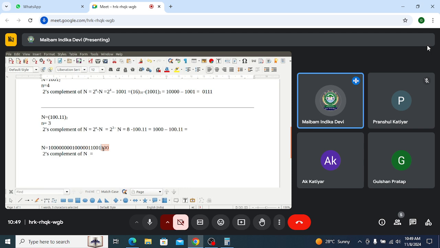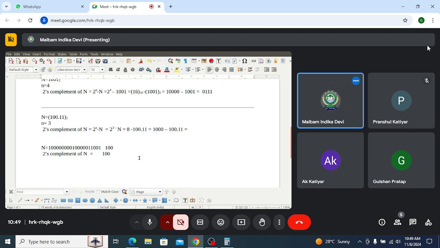So this 1 0 0 you will keep as it is. After that, wherever there are zeros you put 1 instead, wherever there are ones you put 0 instead. This 1 0 0 you will not be changing, so the rest will be reversed.